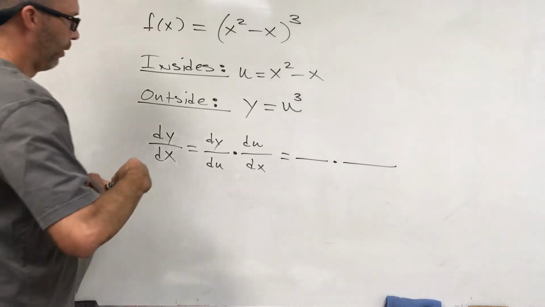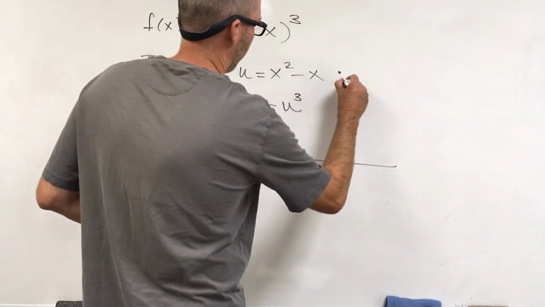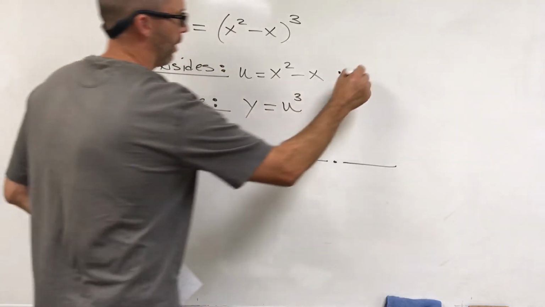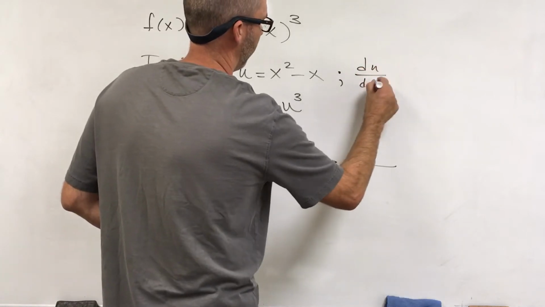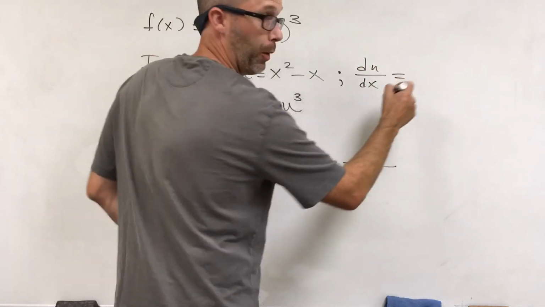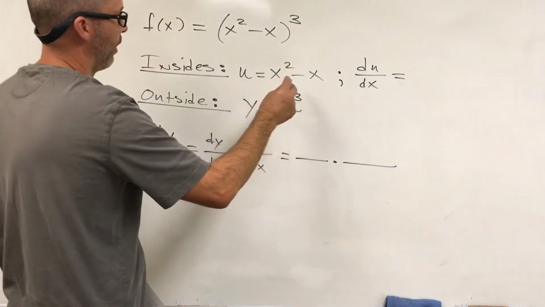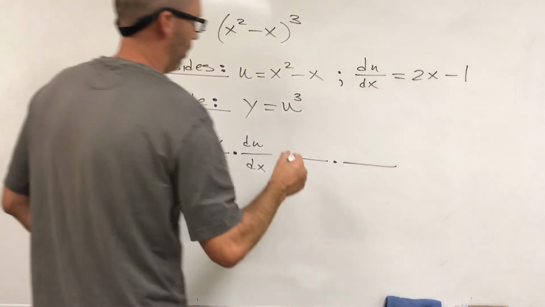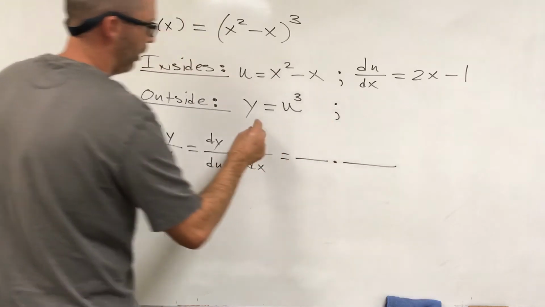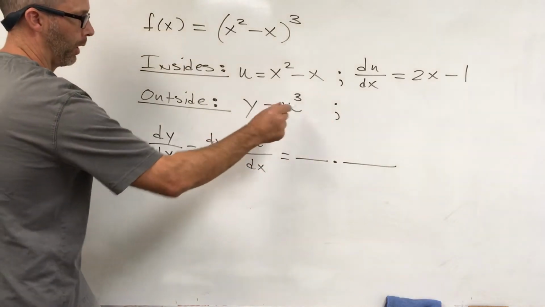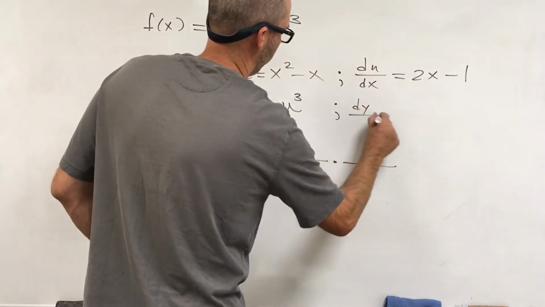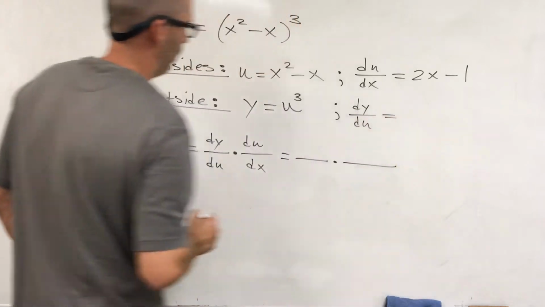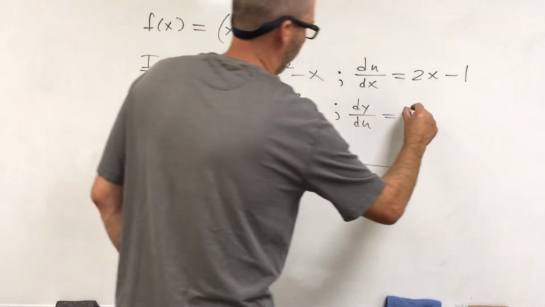All right, now let's go ahead and take some derivatives. Okay, if u is equal to that, then du dx from our power rule, we've got 2x minus 1. Here, the derivative of y with respect to u, dy du, is 3u squared.